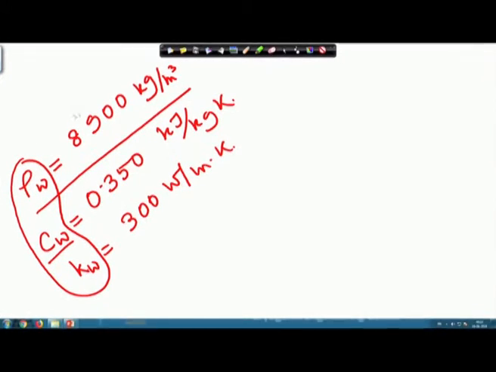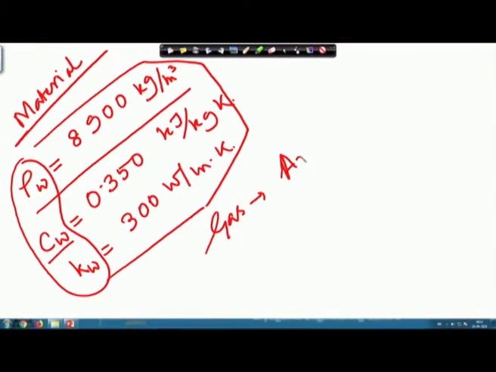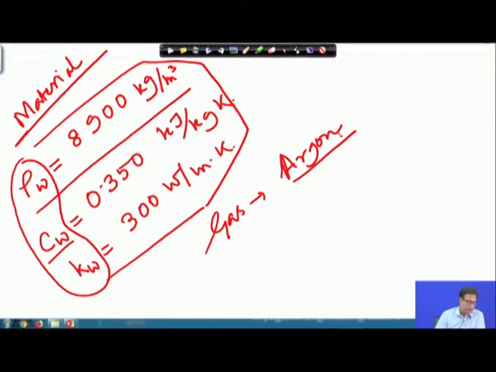This was for the material part, the copper, and now we need to look for the gas part. The gas is argon, and it is entering at some temperature and pressure, and moving out at some different temperature and pressure.